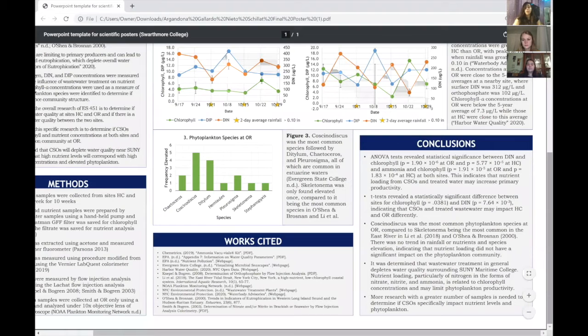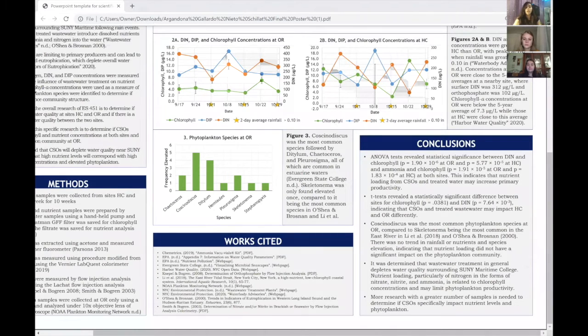And if we look over at figure 3, we can see a graph of phytoplankton species at site OR, which represents the 10 weeks that we took samples, and as shown, you can see how frequently elevated our plankton species were.